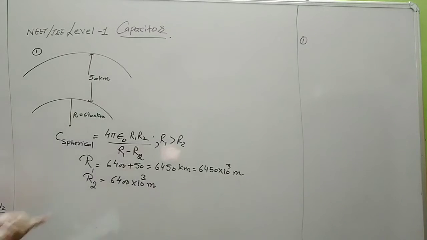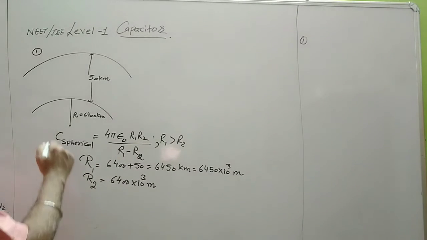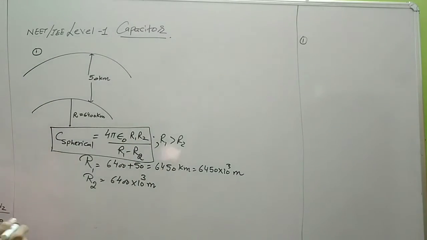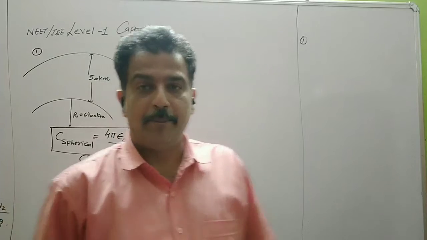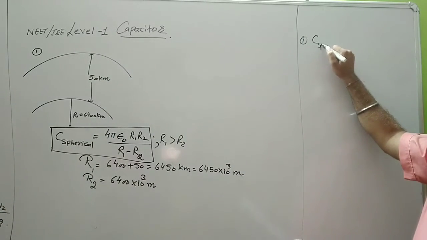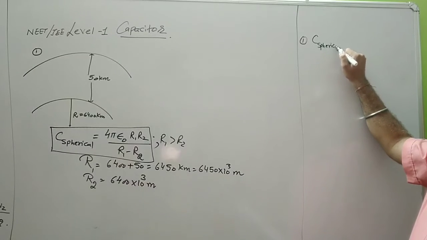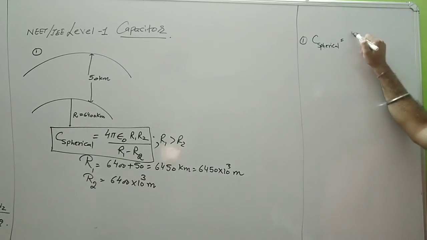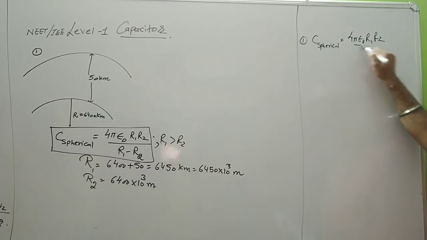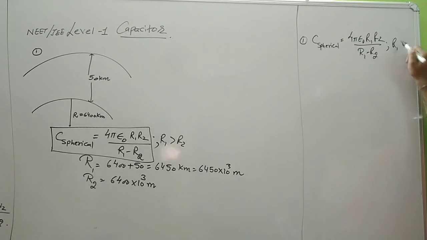Now you have to simply substitute both the values. If you remember this formula, then this is the direct application. The first formula you have to remember for the spherical capacitor is 4 pi epsilon naught R1 R2 upon R1 minus R2, where R1 is greater than R2.